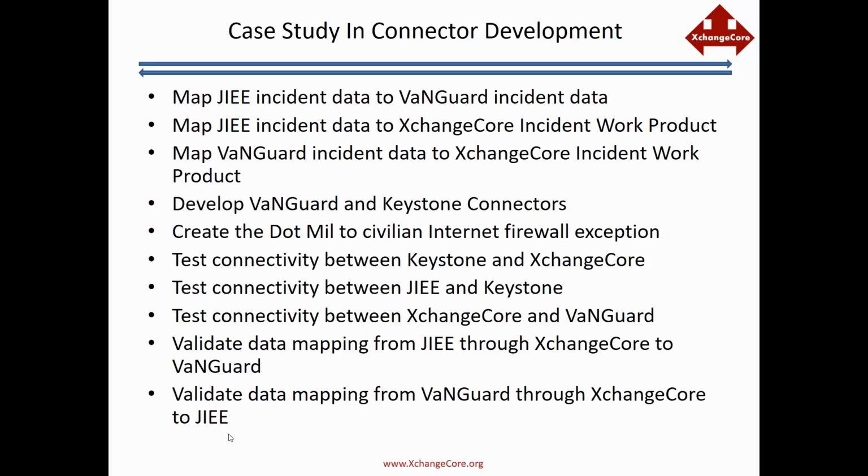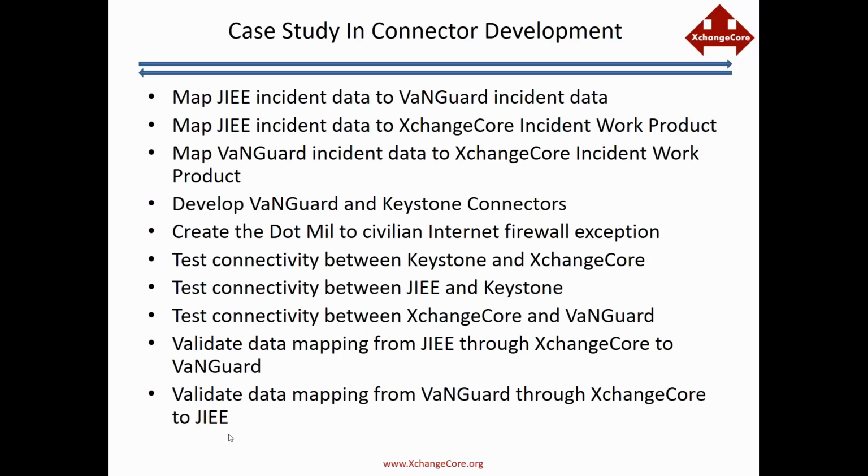And then tested that connectivity, tested the connectivity between JIEE and Keystone, between VaNGuard and XchangeCore, validate that all that mapping was taking place in exactly the right way to get JIEE information to VaNGuard, and then validate the mapping from VaNGuard through XchangeCore back to JIEE.